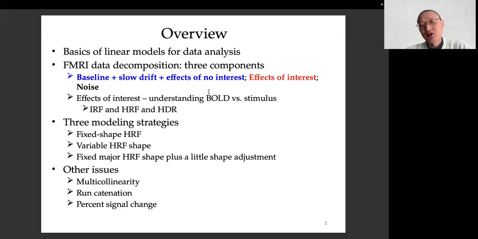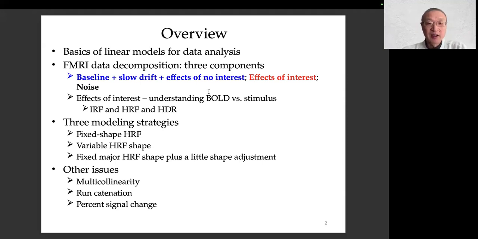How do we construct the experimental variables, with which we can say something about the task effects? That requires us to understand the BOLD signal. What is the BOLD signal, and how are we going to build a bridge between the task stimuli, the trials, and the hemodynamic response?